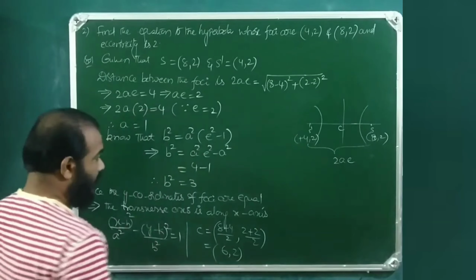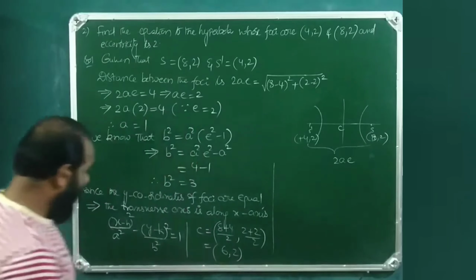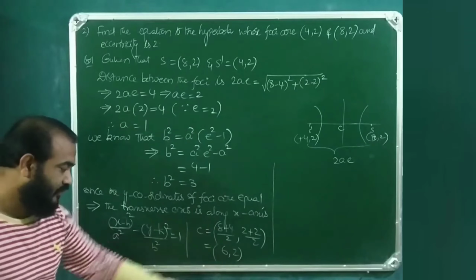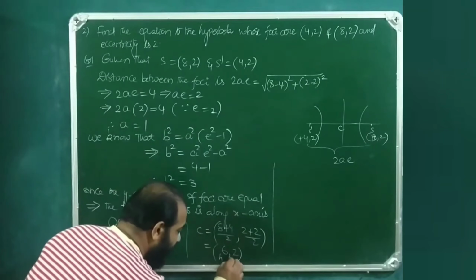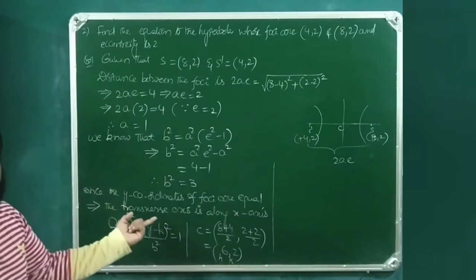Now, we have h comma k. This is h and this is k, and a and b, everything we have.